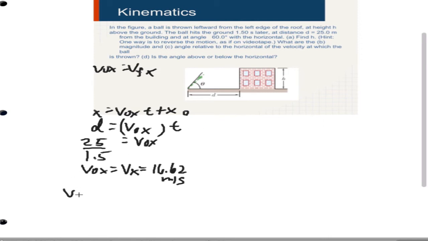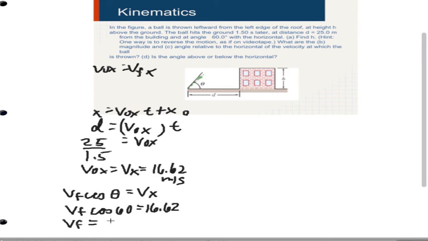I know that v final cosine theta equals the vx that I just solved for. So I'm going to get a magnitude for v final. That's v final times the cosine of 60 equals 16.62. And what that means is that v final equals 33.33 meters per second.